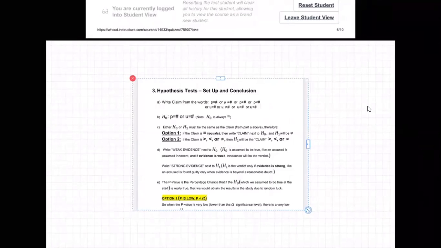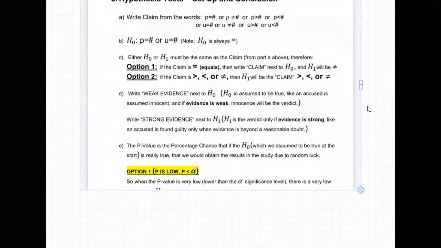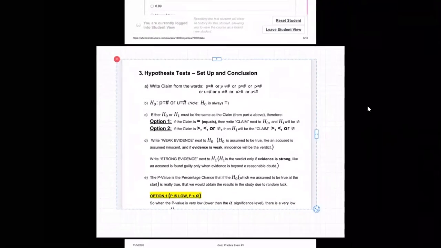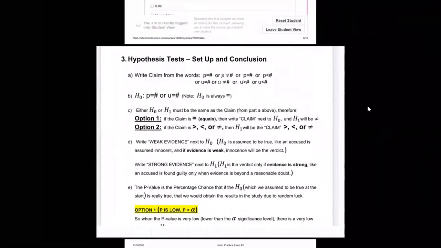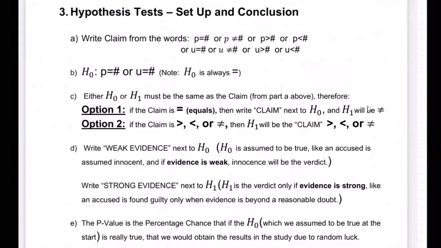There it is. All right, so what does it say to do? It says write the claim. We did that from the words. Then write H0, which is always equals. We did that. And then one of these two must be the claim from part A above.